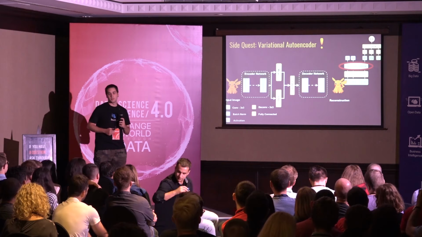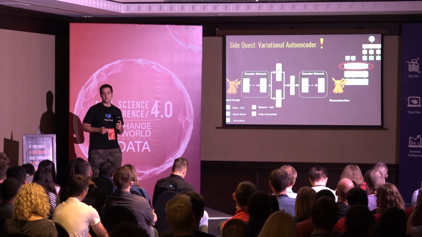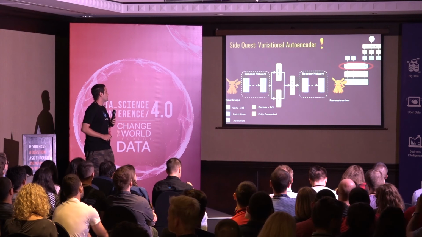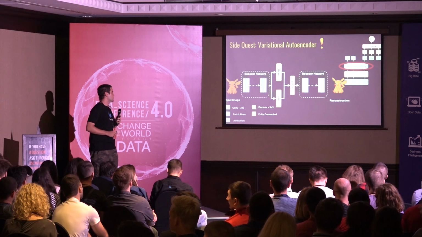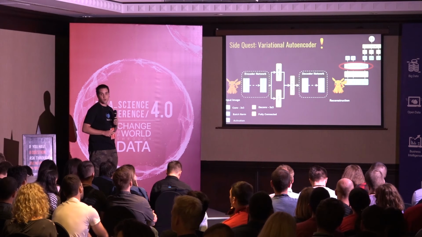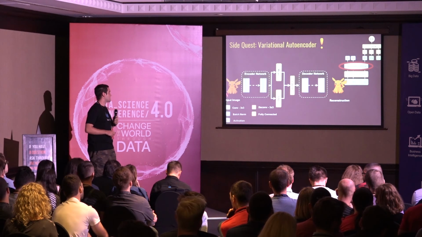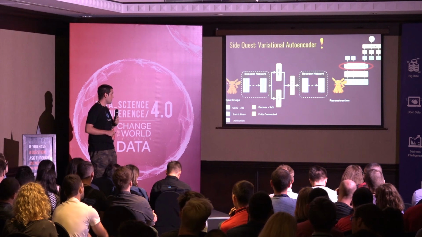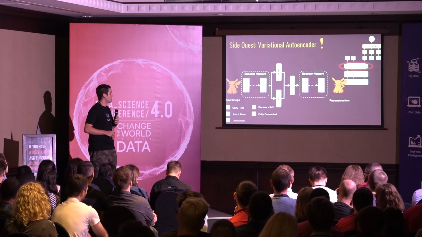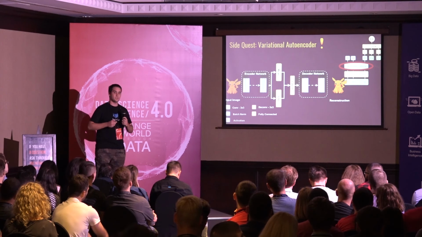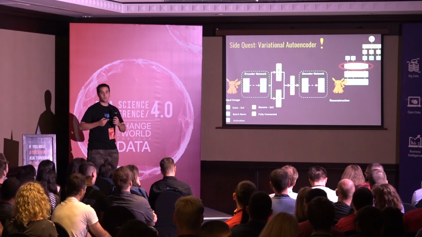So the second side quest is the variational autoencoder. Basically, a variational autoencoder is just like the plain old autoencoder. It has an encoder part, which takes an input image, tries to extract features, and outputs some feature vector, which is a smaller representation of the input.